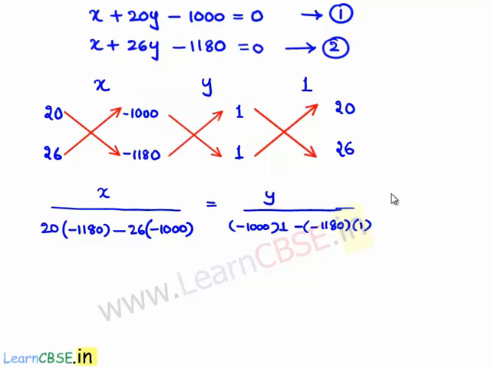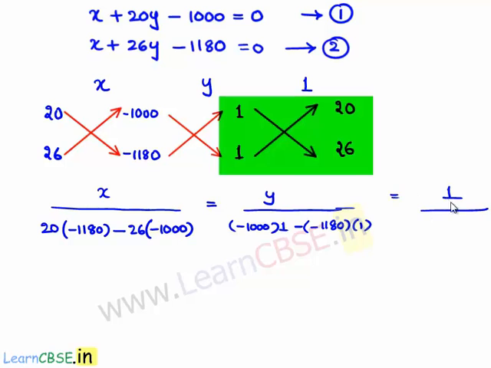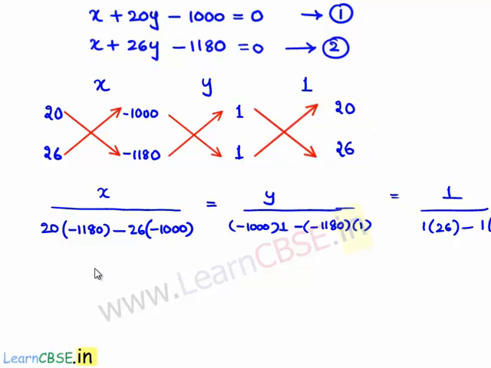This is equal to 1 divided by 1 multiplied by 26 minus 1 multiplied by 20. Now x divided by, this value becomes minus 23,600. So minus of minus is plus. This becomes 26,000.